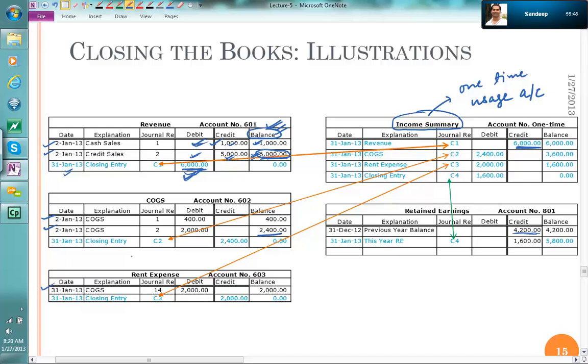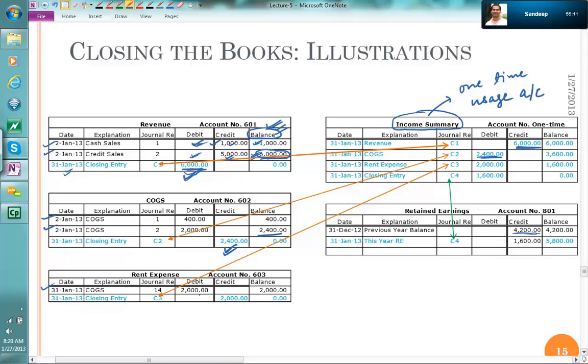So what should be the nature of the entry? Since this is a debit balance, we will make a credit entry in this account. And if we make a credit entry here, we will make the opposite entry, a debit entry, here. Is this part clear to both of you? This particular entry?